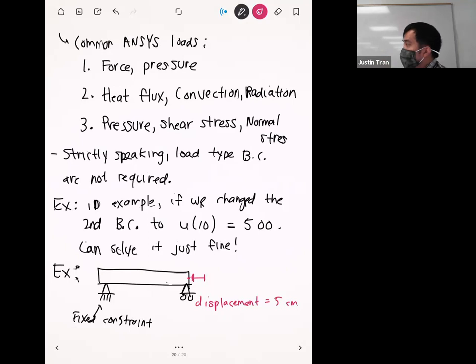You'll be able to solve this equation. You're going to have a distribution of stress inside this beam, it's going to look a certain way, and the deformation is going to be 5 at that end and decrease as you go to the other end. This is a perfectly valid simulation that's not going to roll away from you or do any weird stuff. And we did all this without any load type boundary condition.